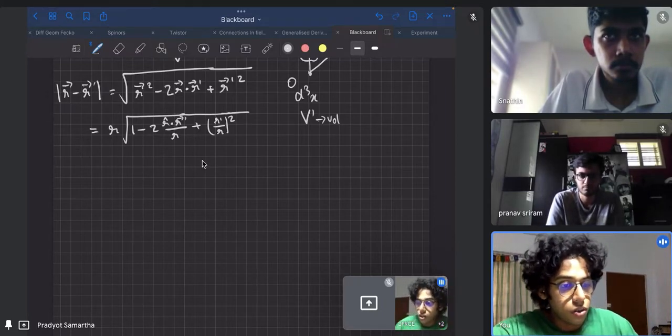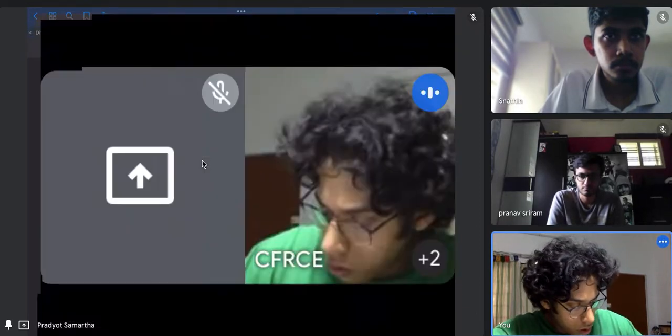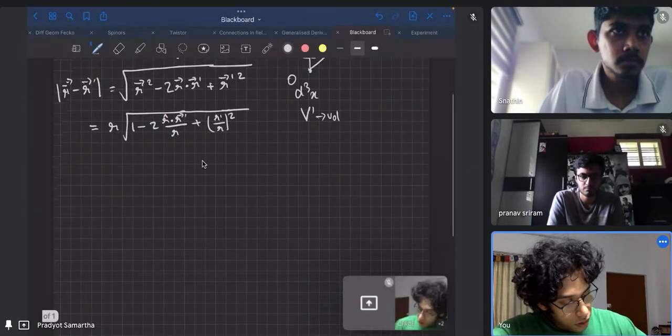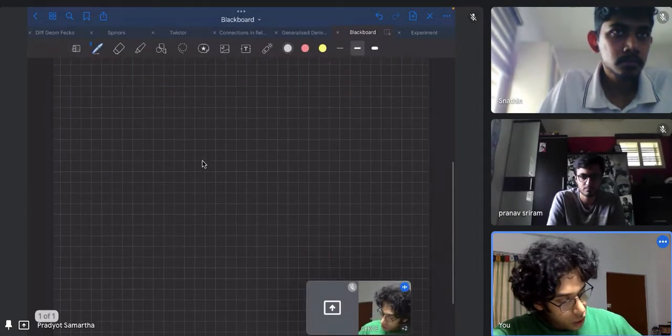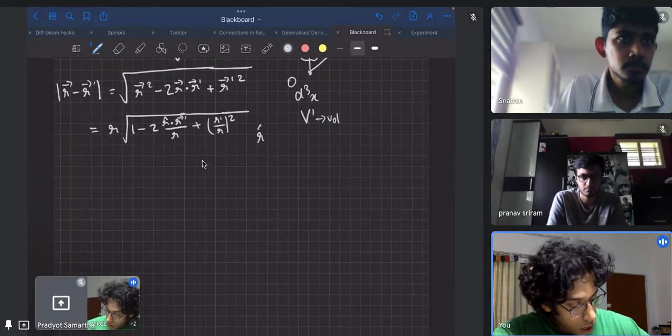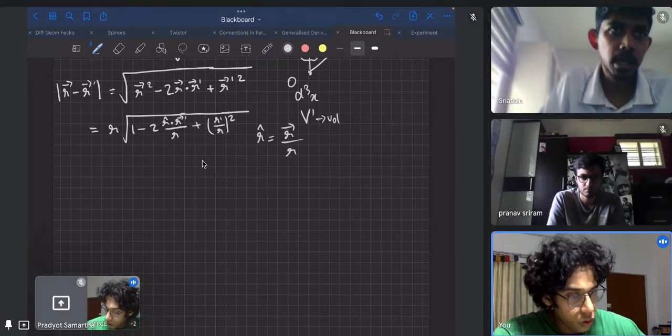As you know, r cap is nothing but the vector divided by the magnitude of r.